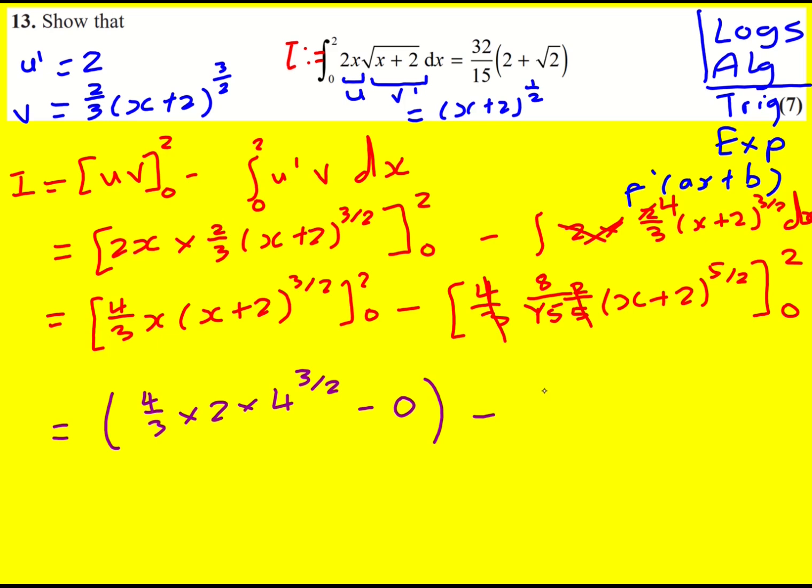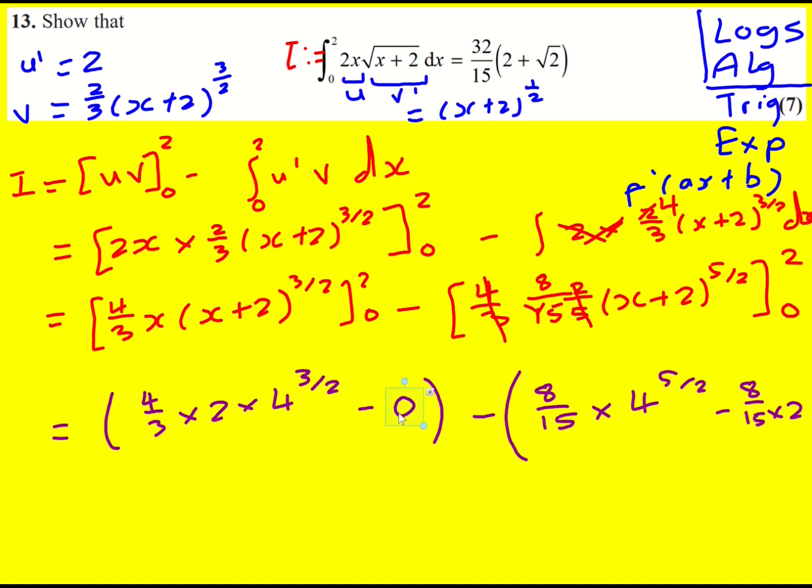Then I'm minusing 8 over 15 times 4 to the 5 over 2 minus, now I'm going to put another bracket in because I'm minusing the whole thing. This is why I need to put 0 in here, because I'm going to get 8 over 15 times 2 to the 5 over 2.